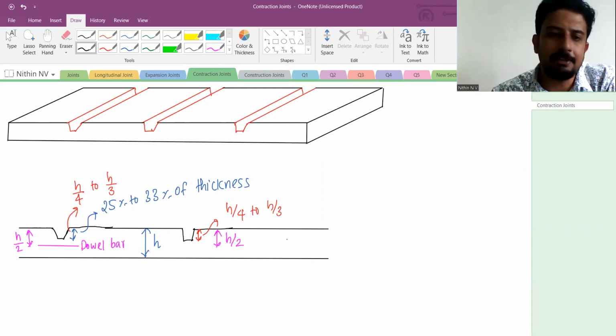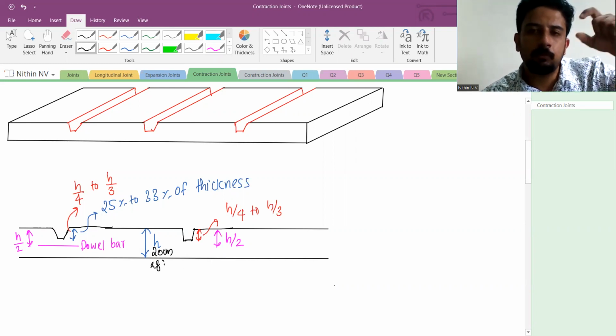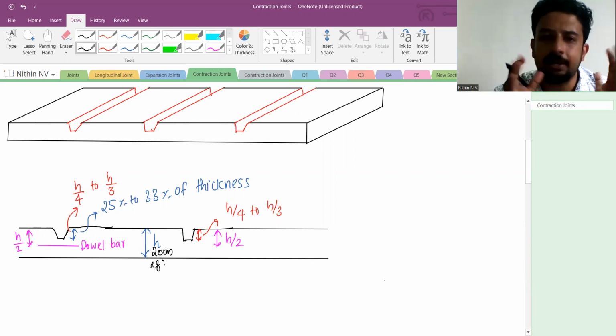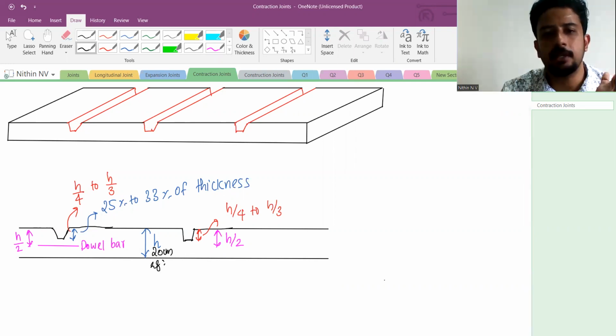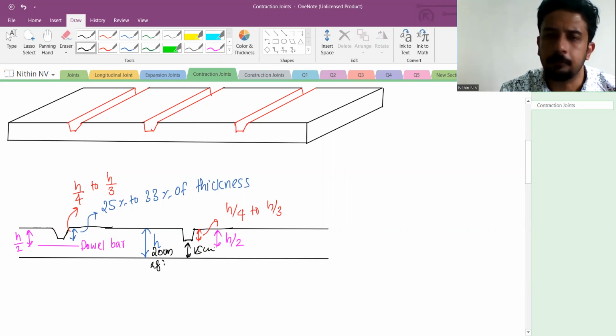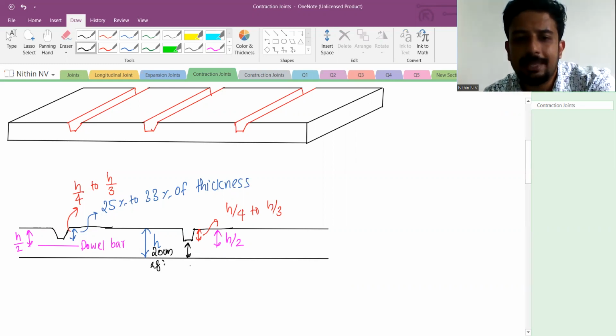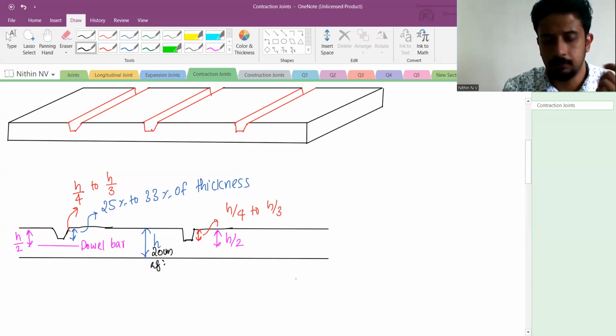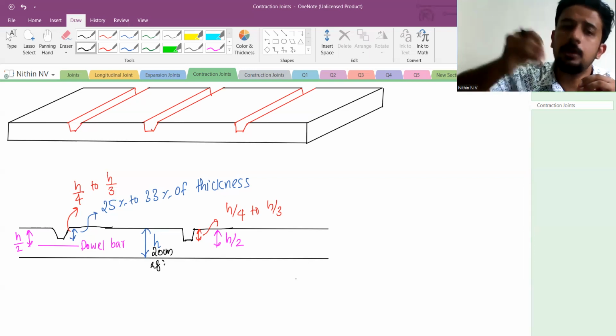Say, for example, this h was around 20 centimeter. Once you are cutting 1/4 of that thickness, which means around 5 centimeter, h by 4 means 5 centimeter according to this example. If you are cutting 5 centimeter, how much is remaining? Only 15 centimeter remaining, right? That thickness may not be sufficient for taking the load. See how we decide this thickness? Based on the load coming on the road.